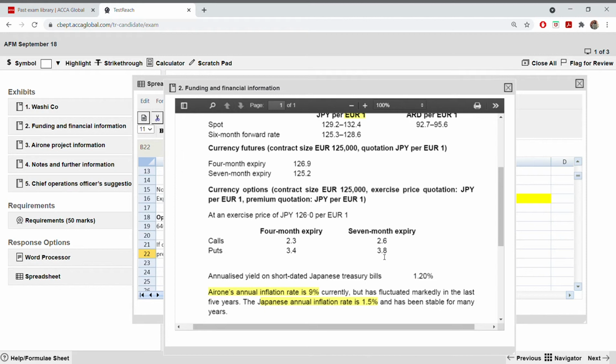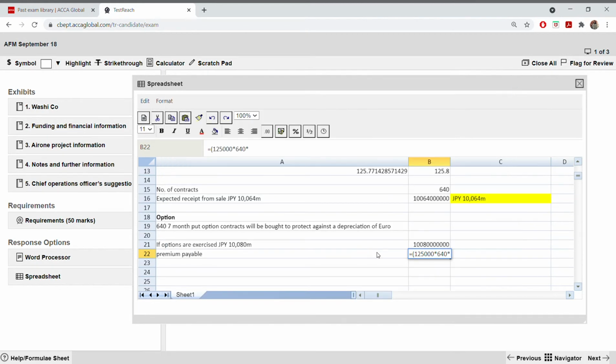So 3.8 as it is you can take and multiply for the premium. 3.8 and enter. This is the premium. You can even put a negative sign outside the bracket, to show it's a premium.